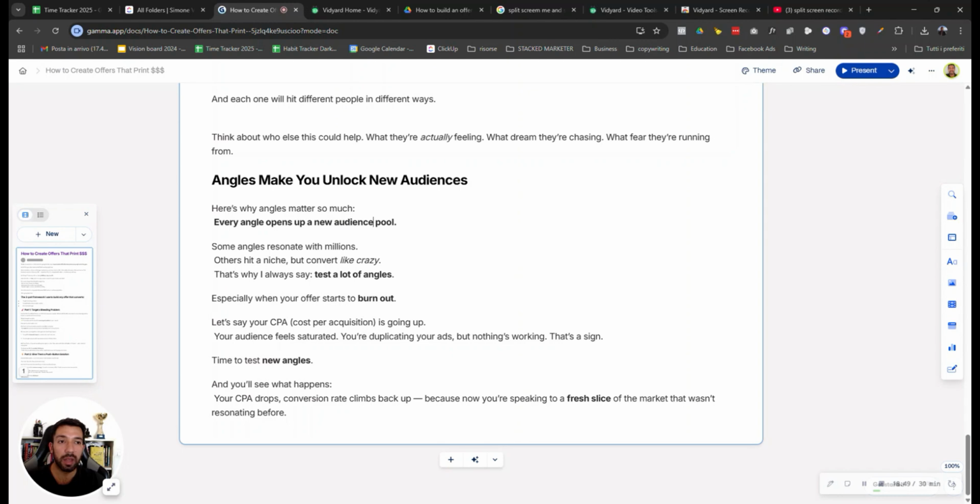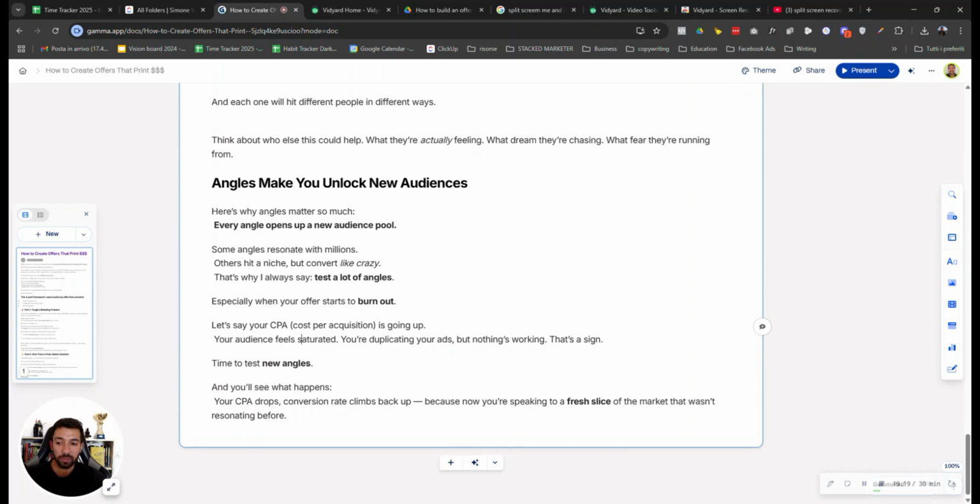But at the end of the day, you need to get creative and come up with these new angles. You can use, of course, ChatGPT to help you. Whenever your ROAS starts to go down and your cost per acquisition goes up, testing your angle is the way to go.